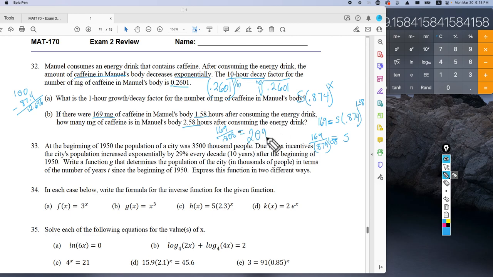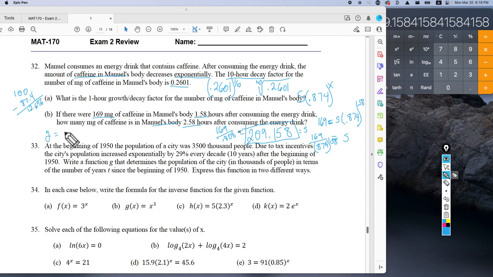So what we've gotten is 209.158. Let's go with that. So that was his starting value. And so now we can figure out what he will have at 2.58 hours, right? So the second part here is going to be the answer.